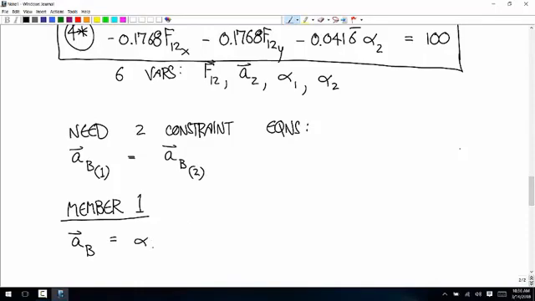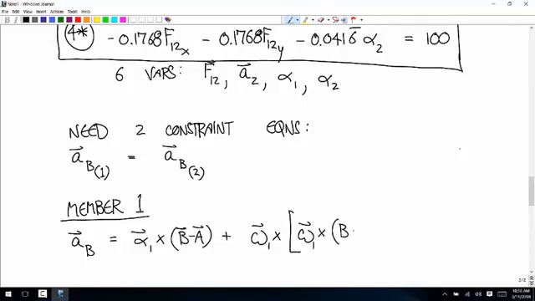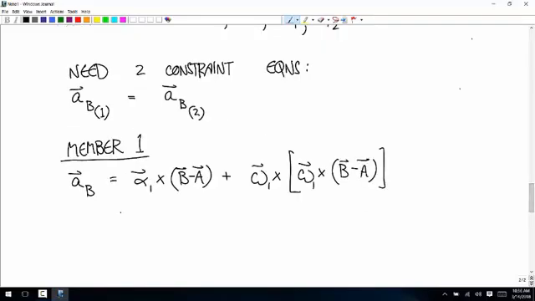So this is equal to alpha 1 cross the r vector, the vector going to B from A, plus omega 1 cross quantity omega 1 cross quantity B minus A. So that's 0, 0, alpha 1 crossed with, what's the vector going from A to B?